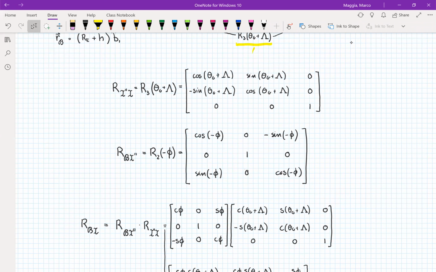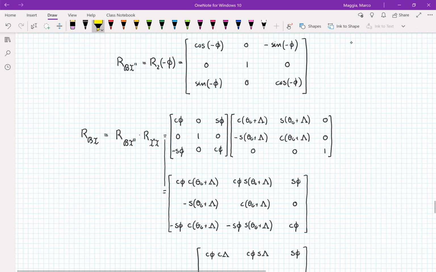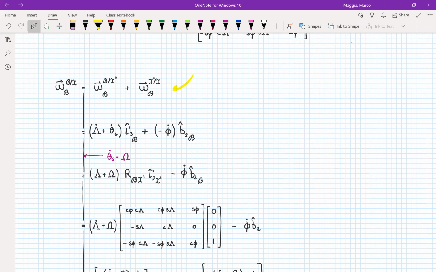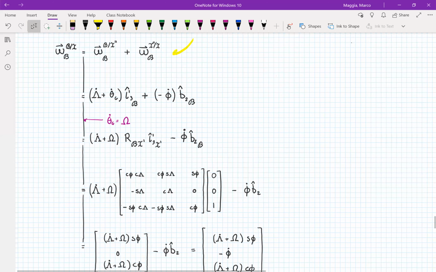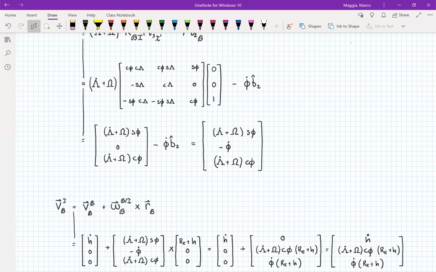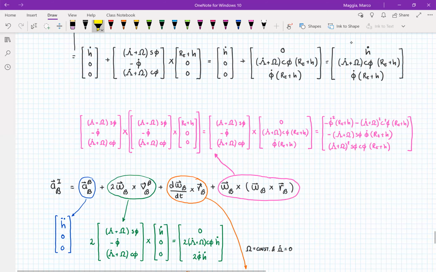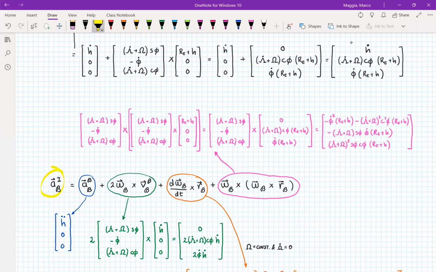So you can construct all the rotation matrices between each of these reference frames and use them to find the expression for the angular velocity. If you follow the notes from last lecture, you should be able to find the same expression. Then we find the inertial velocity, and finally the inertial acceleration.